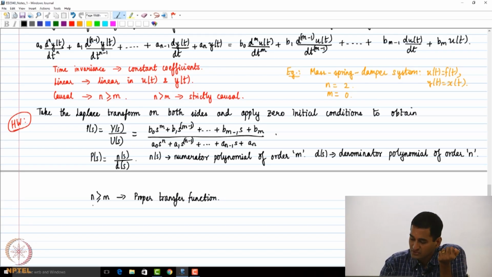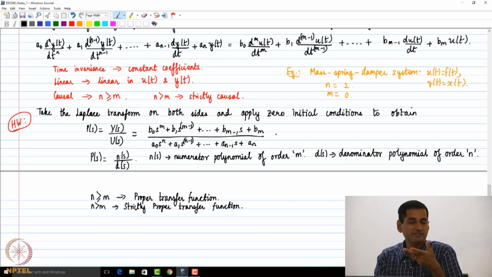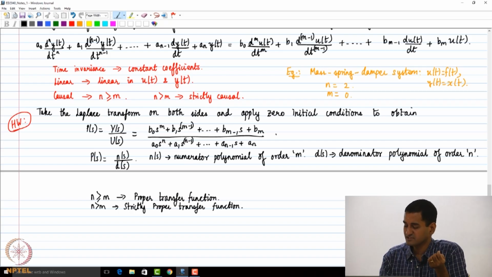When n is strictly greater than m, we add the term strictly: we get what is called a strictly proper transfer function. That's essentially the definition of a proper and a strictly proper transfer function.